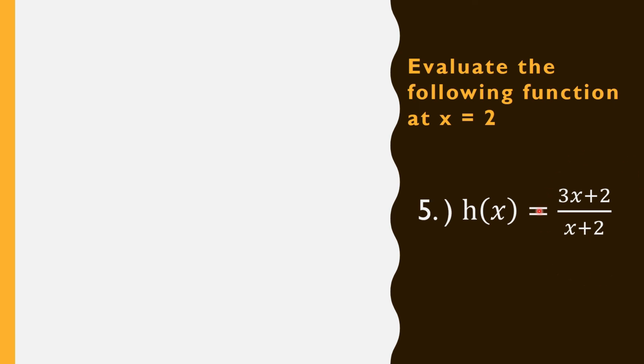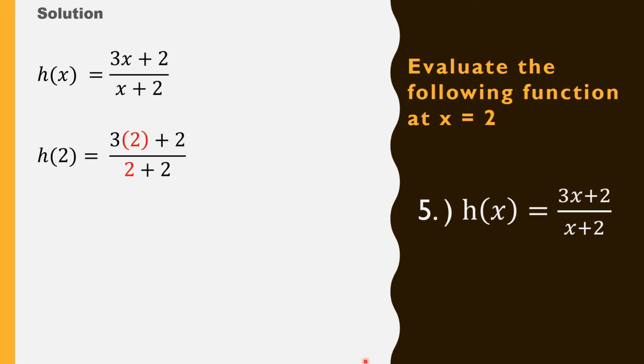But the same lang yun ang concept, the same lang yun ang procedures, no? Substitute and then simplify. Okay, so we have here h of x equals 3x plus 2 over x plus 2. Okay, we will substitute the value, no, which is 2 to x.